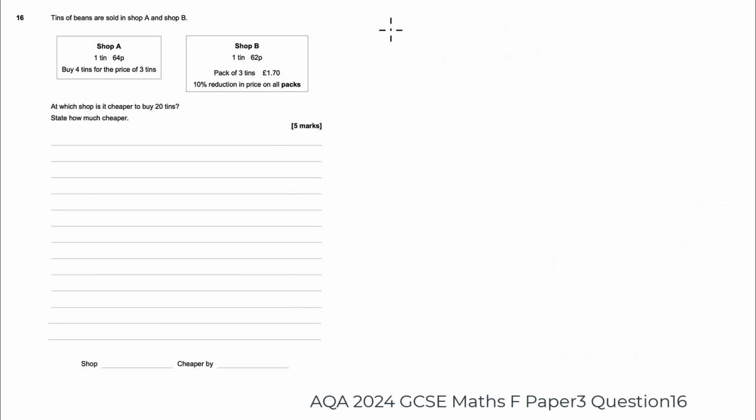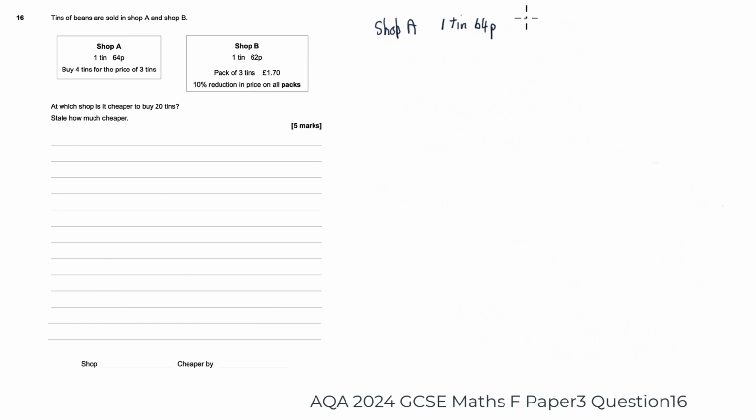So let's have a look first of all at shop A. We're buying 20 tins from shop A. It tells us that 1 tin is 64p. That's fair enough. 1 tin, 64 pence. However, if we buy 4 tins, they'll only charge us for 3 tins.